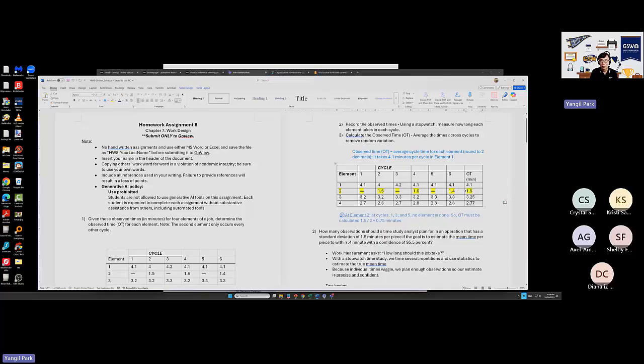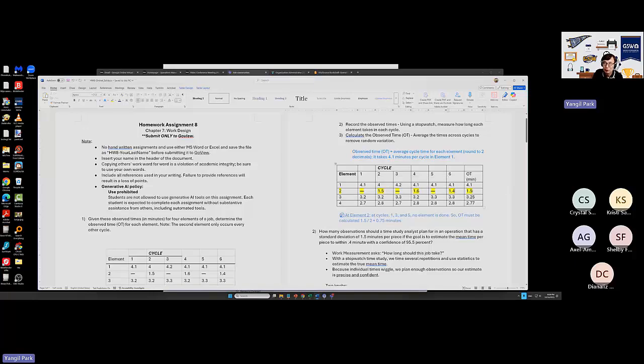But for the second element, because we're missing 3 cycles, whatever you get, divide by 3, right? Not by 6. Obviously you have only 3 numbers, so the average is 1.5, as you can see, because we have 1.5, 1.6, 1.4.